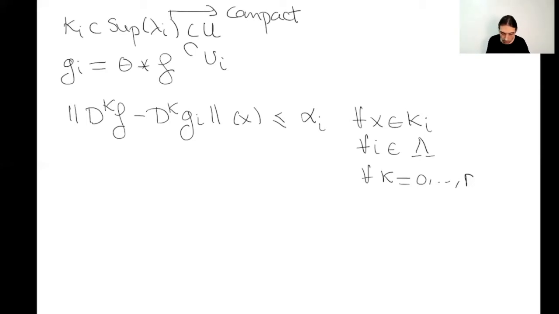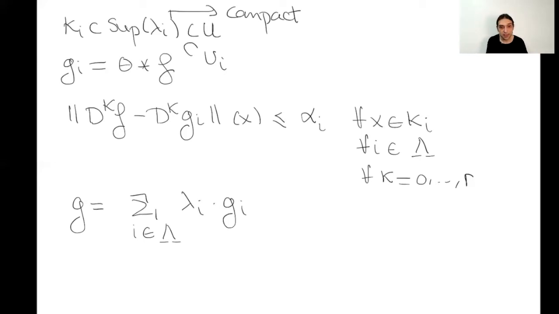Okay, so now we are going to define G as the sum for i in the index set of lambda i times Gi, right?